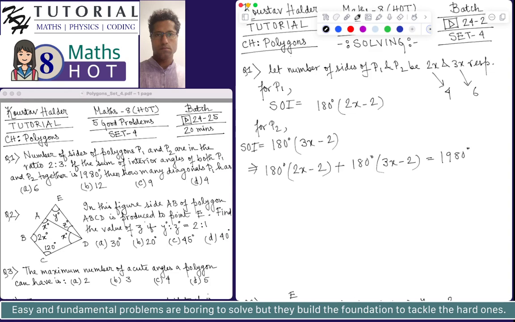Okay. Now, if I take 180 degrees common from the left hand side, I have 2x minus 2 plus 3x minus 2.